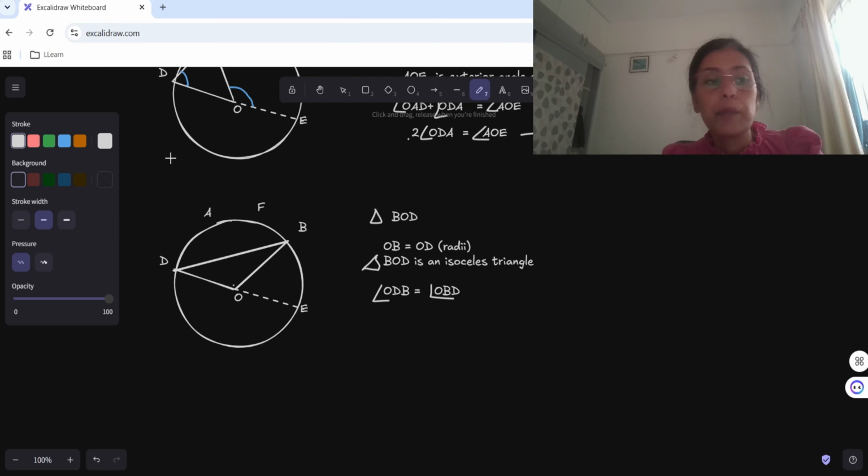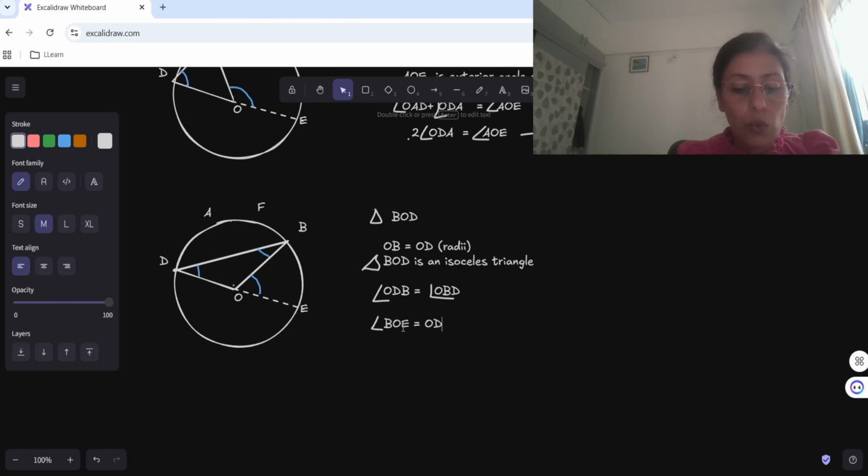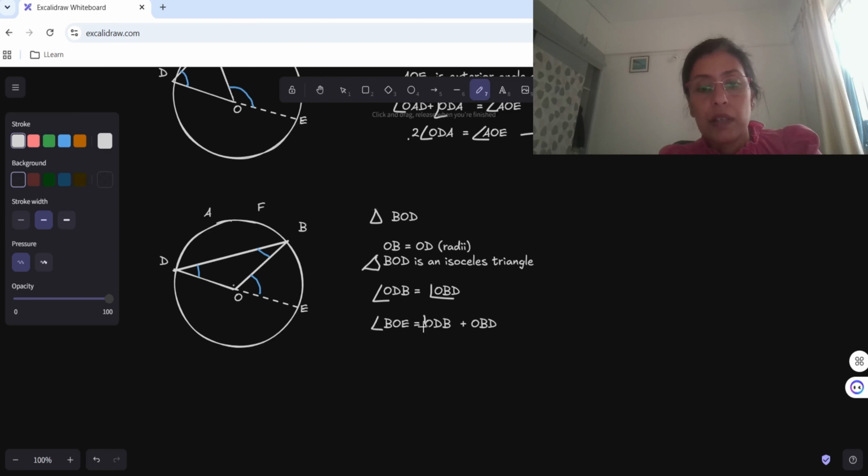So let me mark these angles. This angle, this angle. Now what about this angle? We see here that angle BOE is equal to angle ODB plus angle OBD. Why? Because the exterior angle is the sum of opposite interior angles in a triangle.